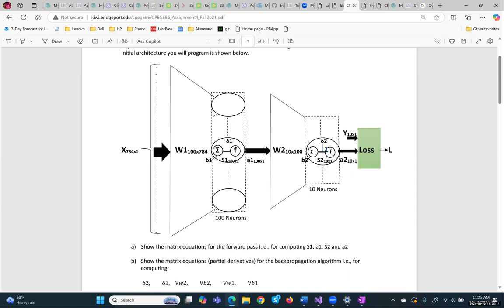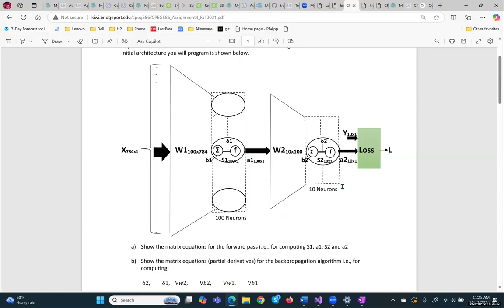Whichever neuron has the highest output, that is the digit it's recognizing. For example, if the 6th output is the highest, which digit is it recognizing? 5. Right? Because the first one is 0, the last one is 9. So if the 6th output is the highest, then it will be 5, right? Okay.